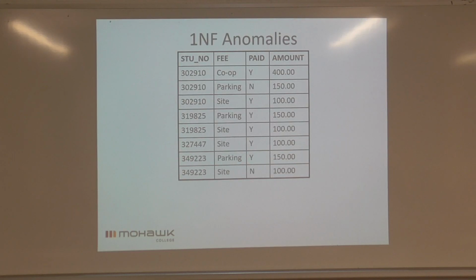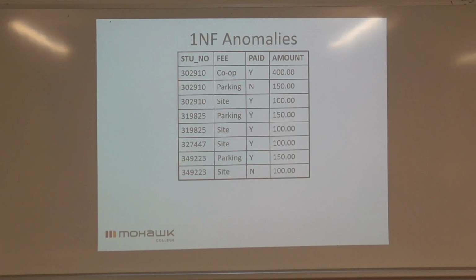That's good. That's right. So our first deletion anomaly: if we delete all instances of any one of these fee types from the table, we no longer know what the amount corresponding to that fee is. That's a deletion anomaly.